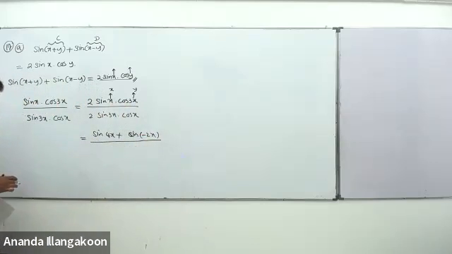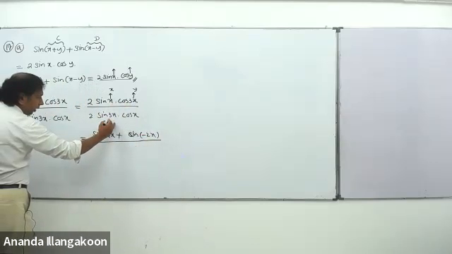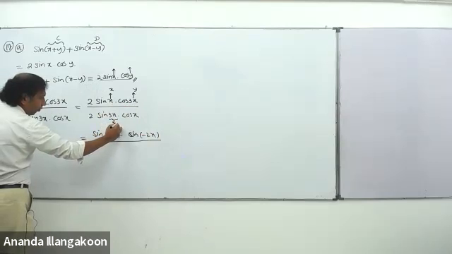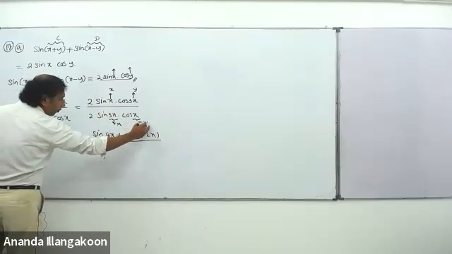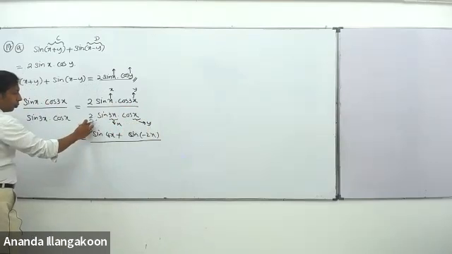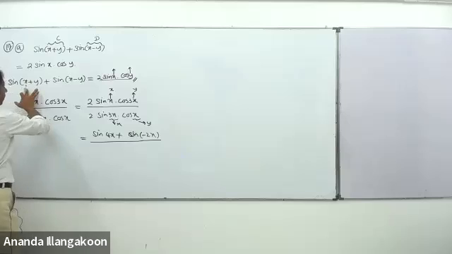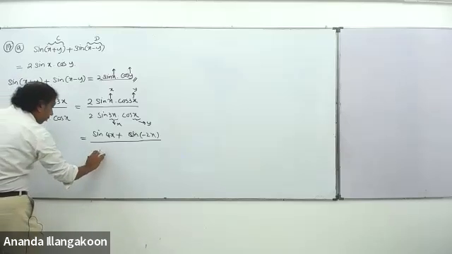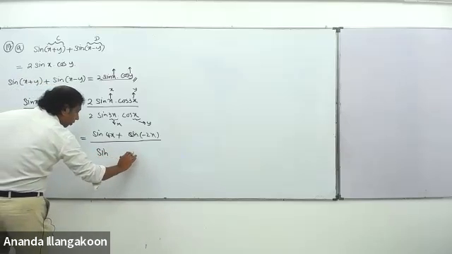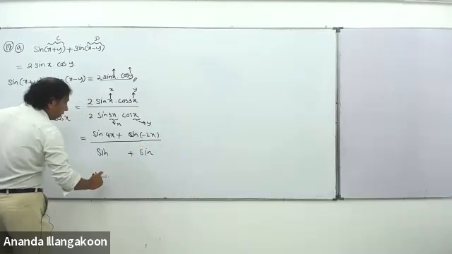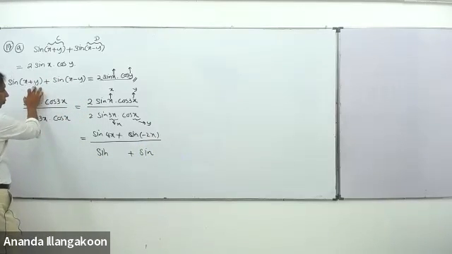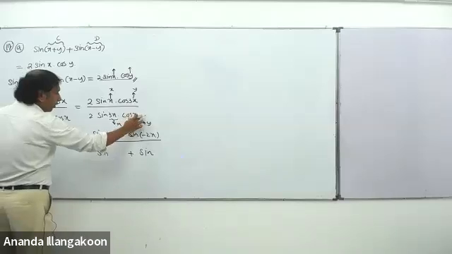Am I correct? Here, take this as your x. This as your y. 2 sin x cos y. Here, this form we have. That you can write like this. Sin plus sin. What is first one? X plus y. 3x plus x, 4x.